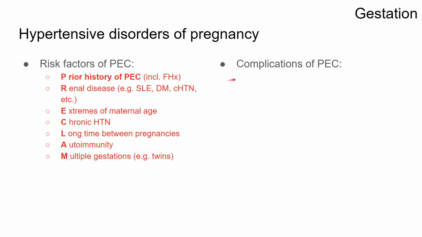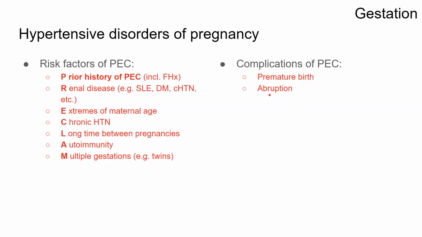And then you'll want to know the complications of preeclampsia, those being premature birth, right? Because the previous vignette was she has preeclampsia with severe features and you need to deliver the baby. So premature birth is a complication. Placental abruption is another complication of preeclampsia.